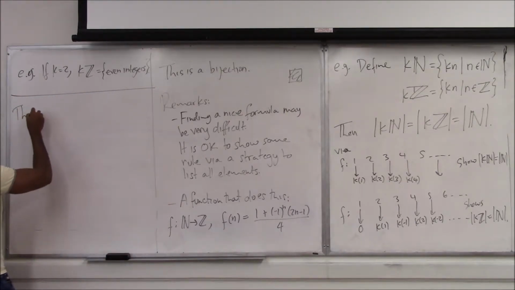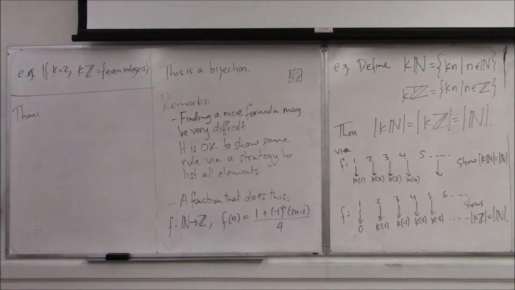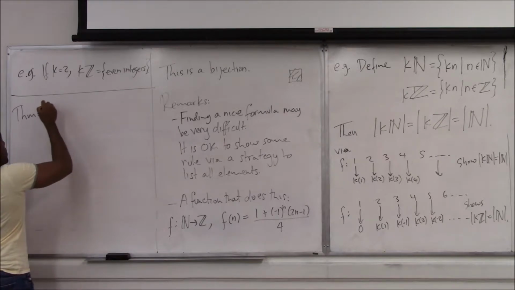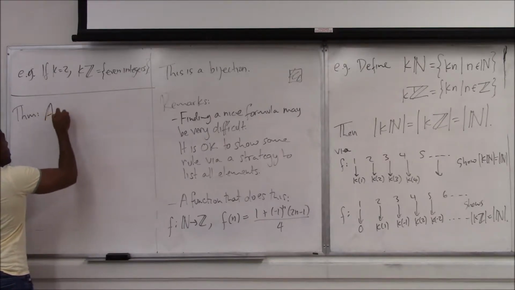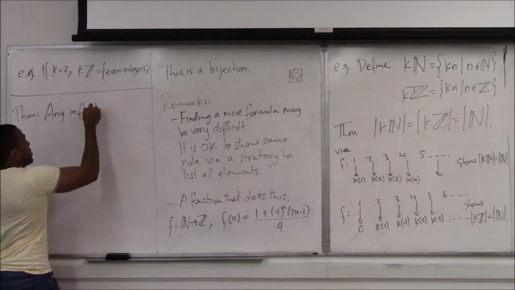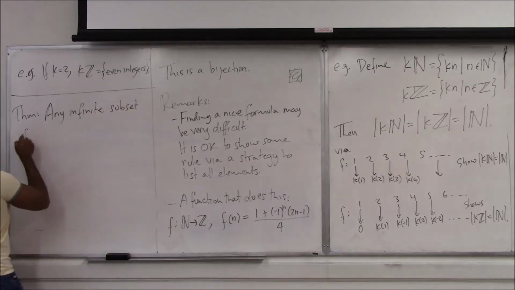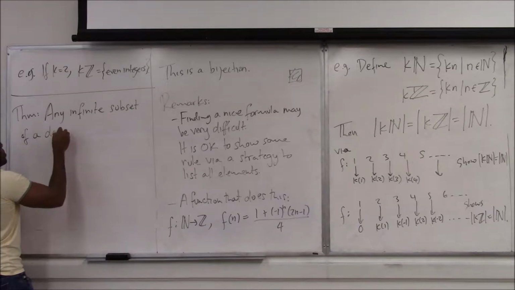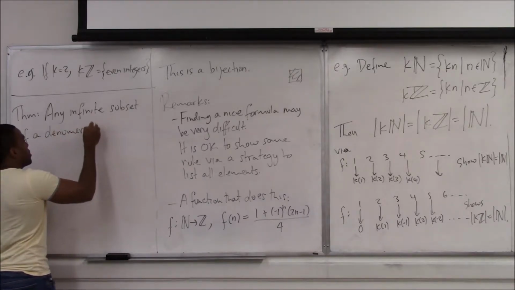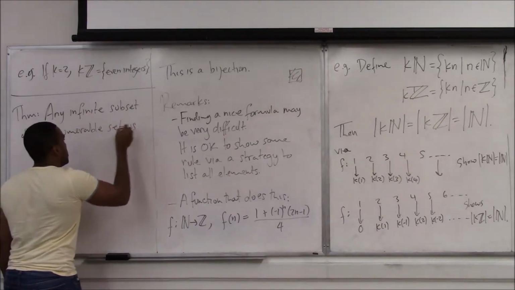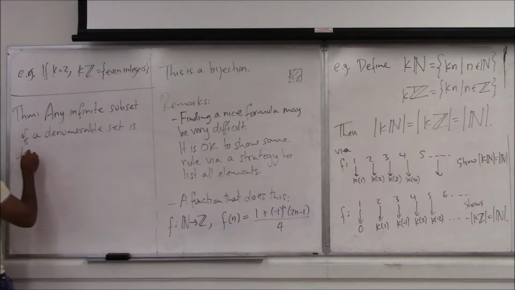Here's an important theorem. We're not going to prove it, but your book does a proof of it using the well-ordered principle, and just by choosing the minimum, it can construct a denumerable set. So here, any infinite subset of a denumerable set is denumerable.